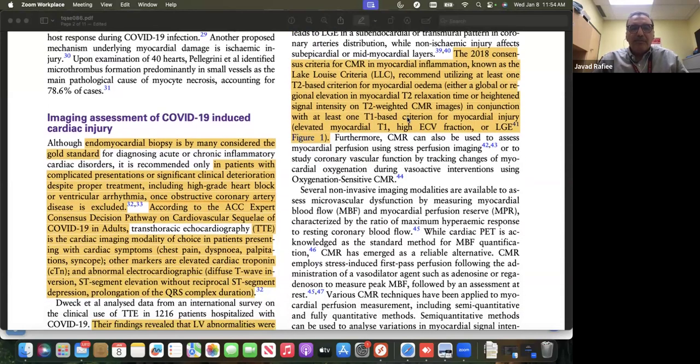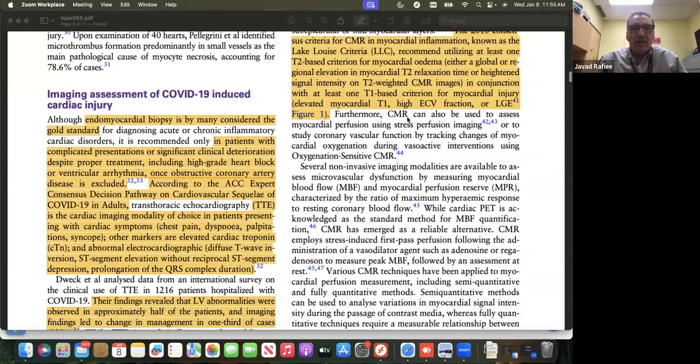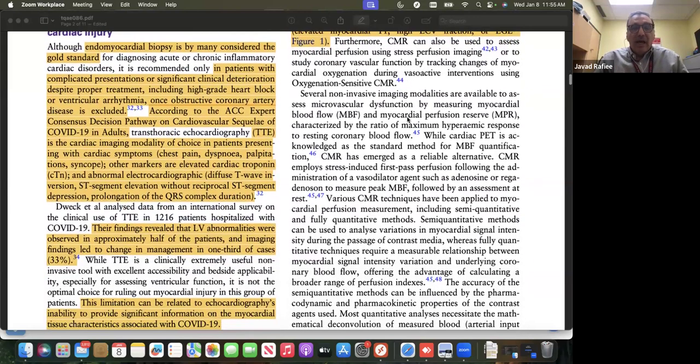So the consensus decision suggested that transthoracic echocardiography is the first modality to evaluate patients who had evidence of cardiac involvement based on clinical symptoms or paraclinical findings.